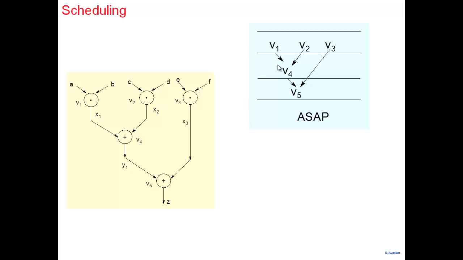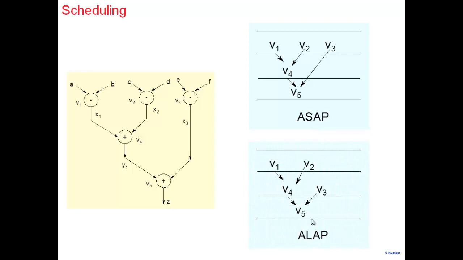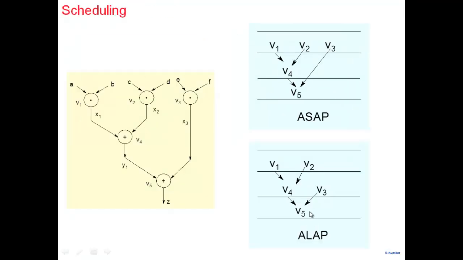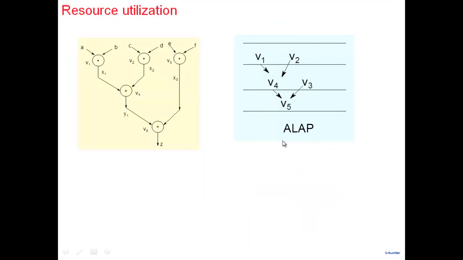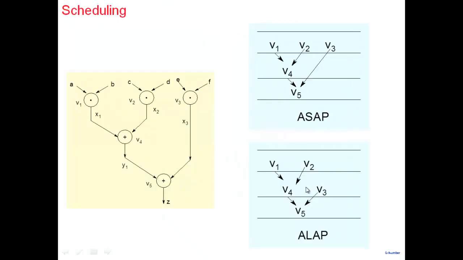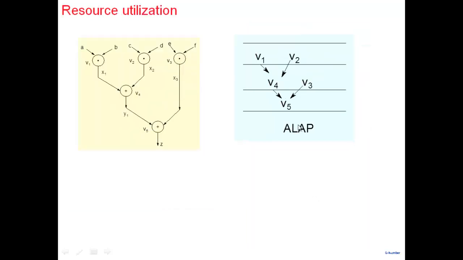We decide 3 clock cycles we are going to use, 3 states. We do as late as possible scheduling. You can go over these steps yourself later on. So let's say I decide to use as late as possible scheduling for this particular part here.